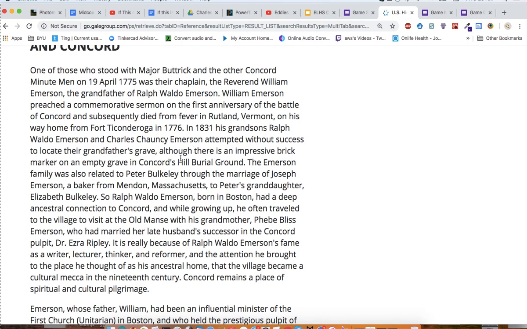So if we look at this particular Concord's Hill burial ground, maybe that would be a good one.